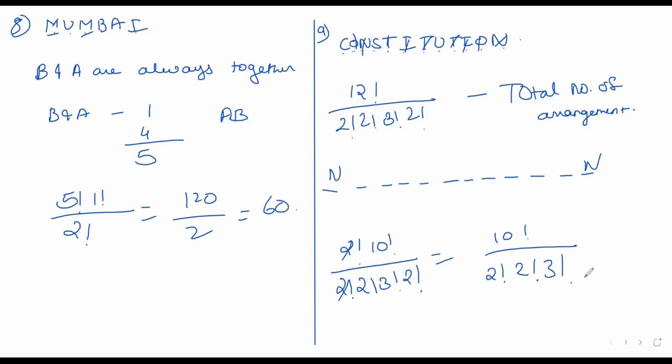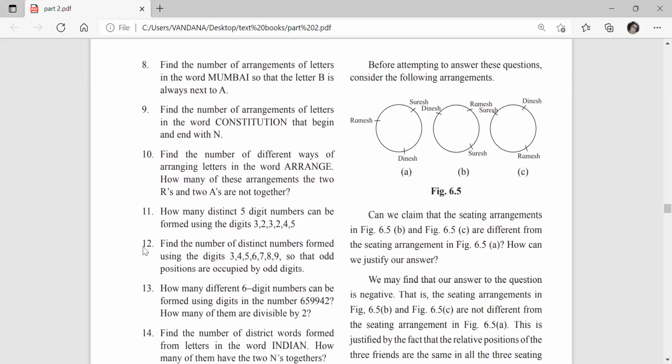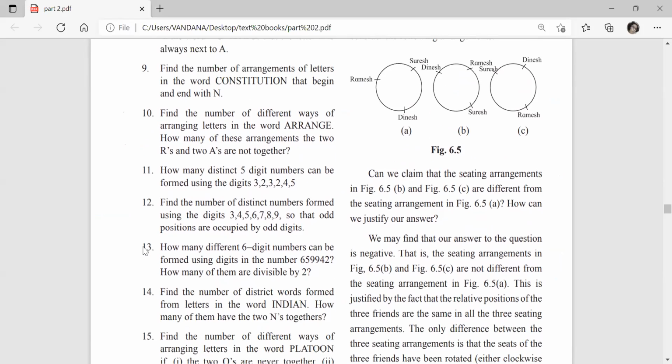This is your answer. We'll not solve it further, we'll do it later on after the concept of repetition is okay with you.